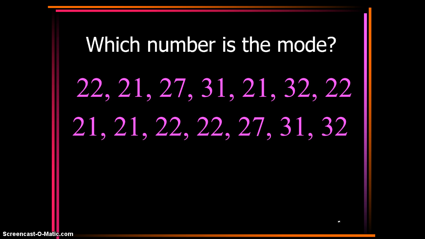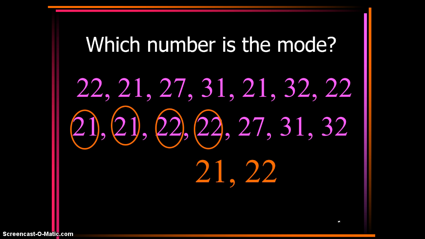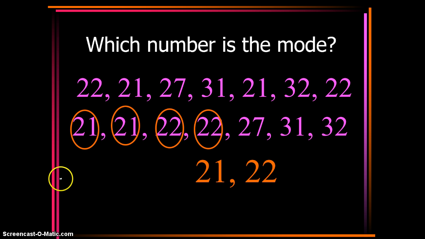You can have 2 popular choices. And in that case, we would have 2 modes, and we call that bimodal. So whenever you have 2 modes, I'll go ahead and write that in there. Sometimes you'll hear or you'll see the word bimodal. That just means there are 2 modes in the data.